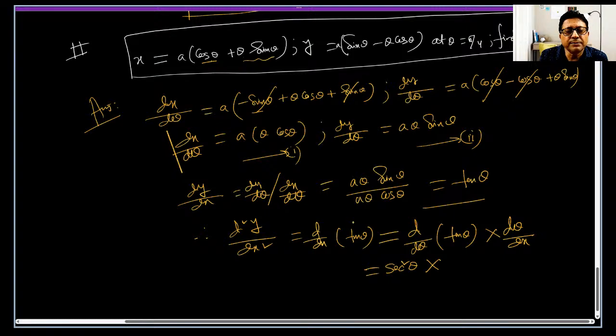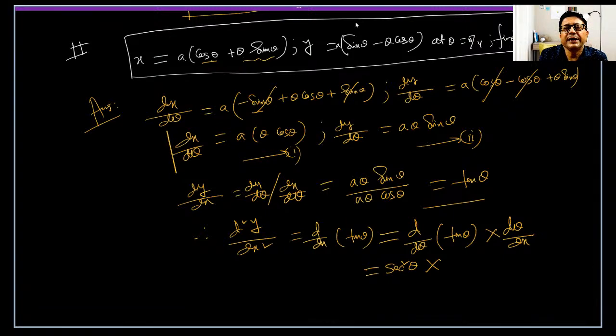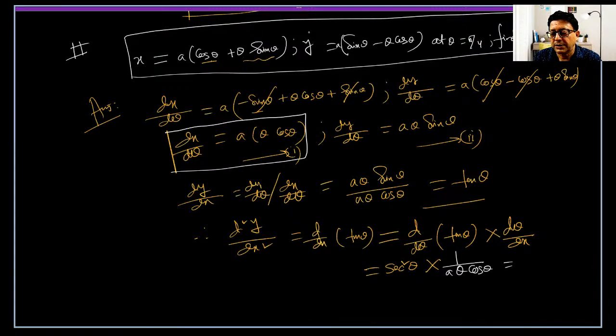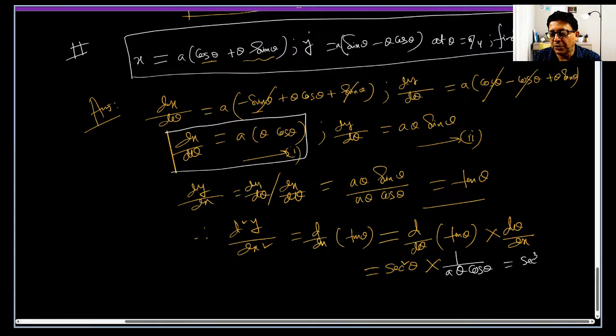See this term? dx by d theta we already got there. d theta by dx is reciprocal of it. There will be 1 by a theta cos theta. So it is going to be sec cube theta by a theta. Clear?